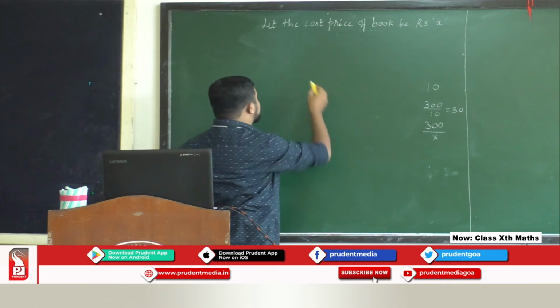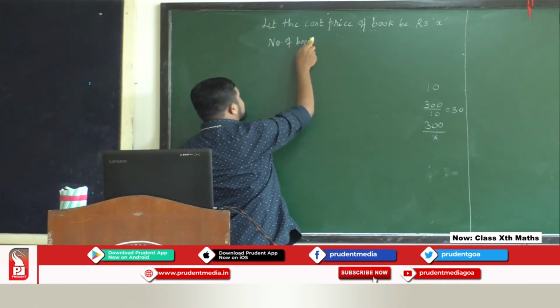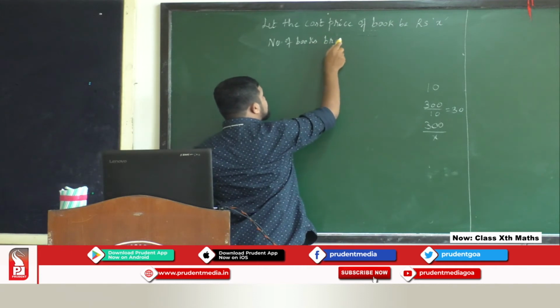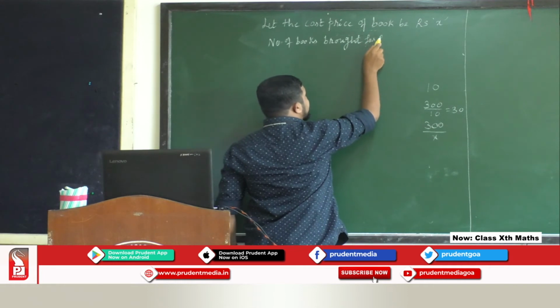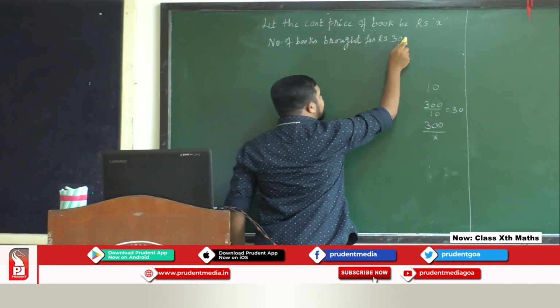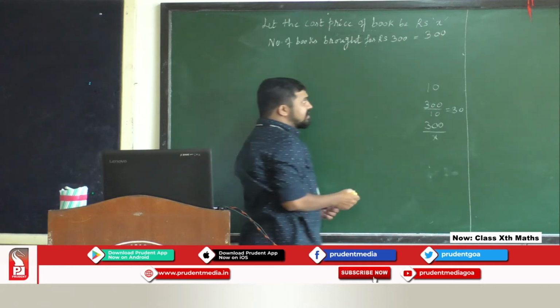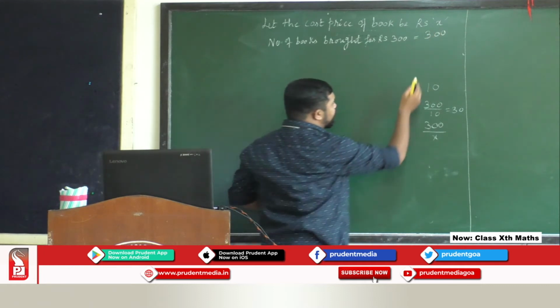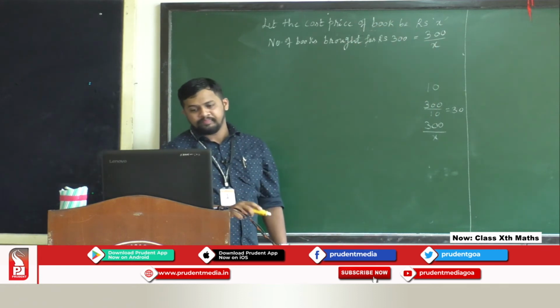So number of books bought for rupees 300 will be 300, which is the total money you have, divided by the price of book. Price of book is X. So those are the number of books you will buy.